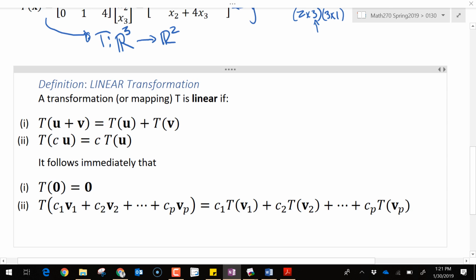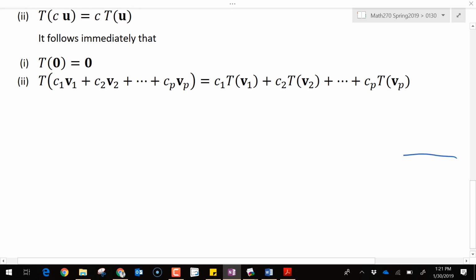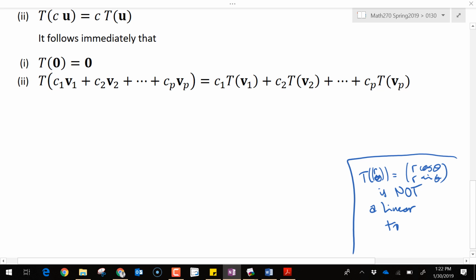And now that we have this down here, let's make a note that our polar coordinate transformation that we saw earlier is not a linear transformation.